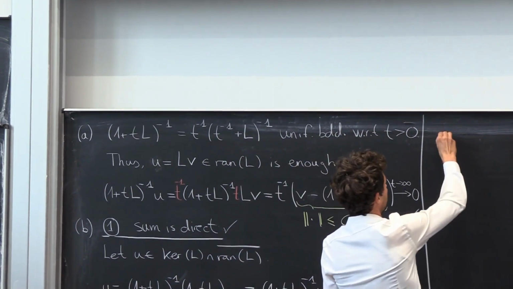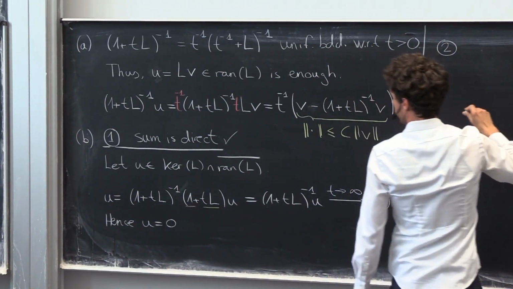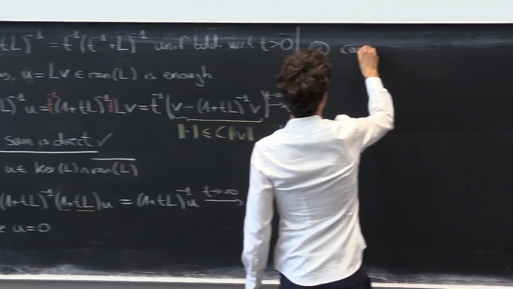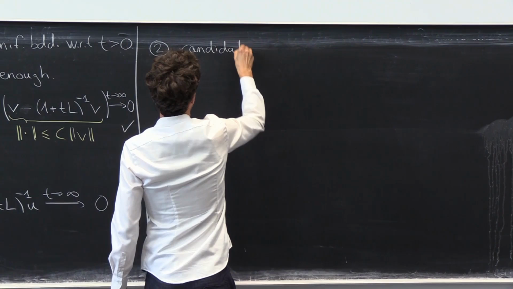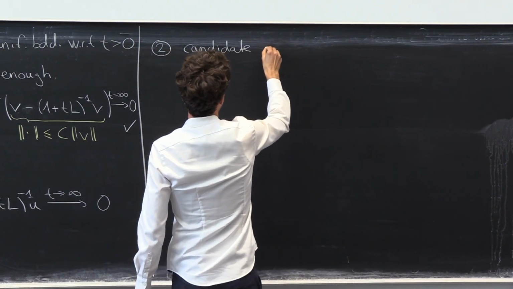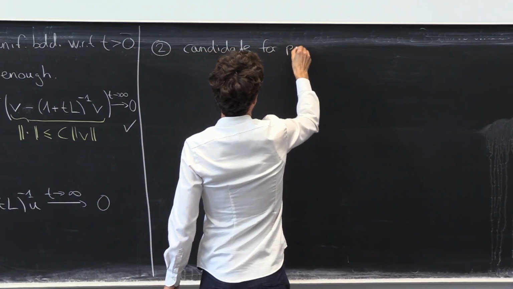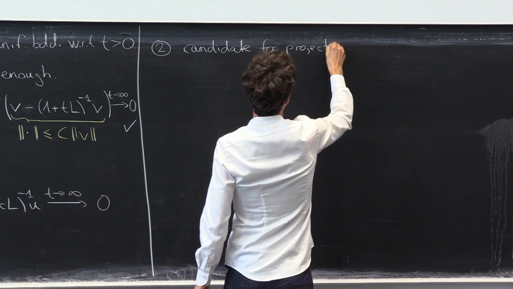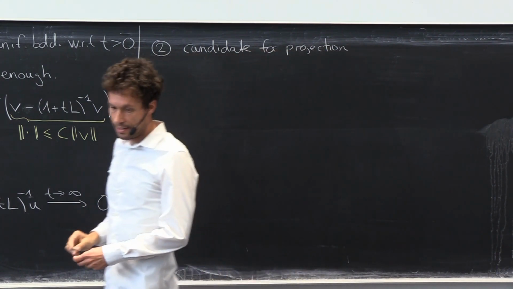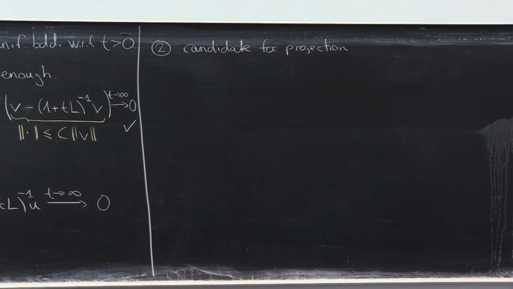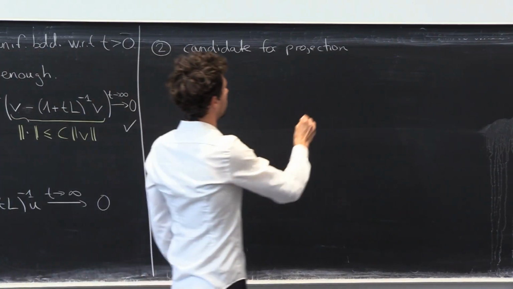So now I want to show you why these considerations that I did so far give me a candidate for the projection. A candidate for the projection onto the kernel. Okay?